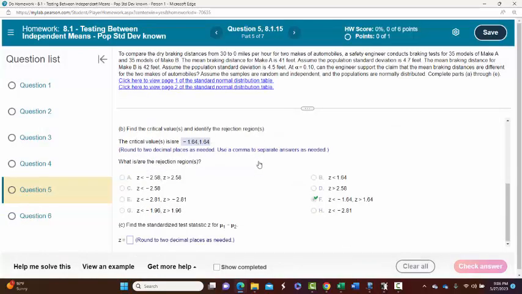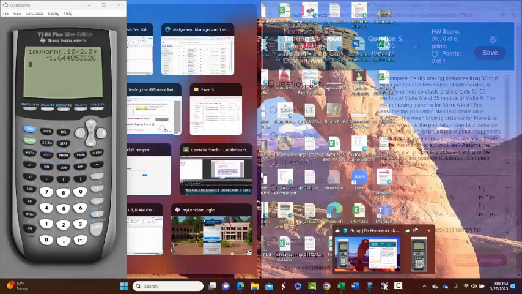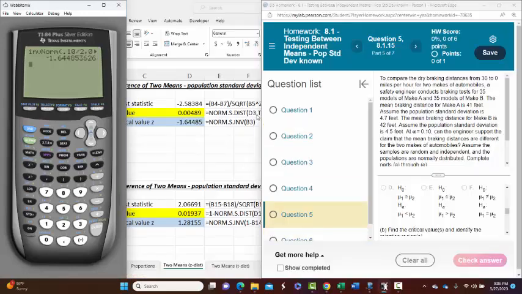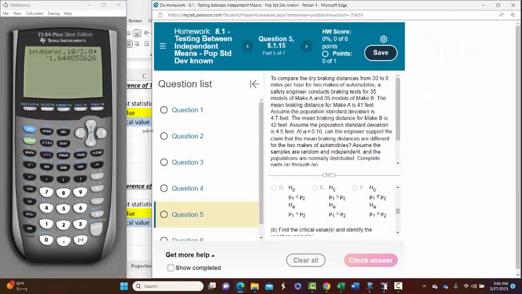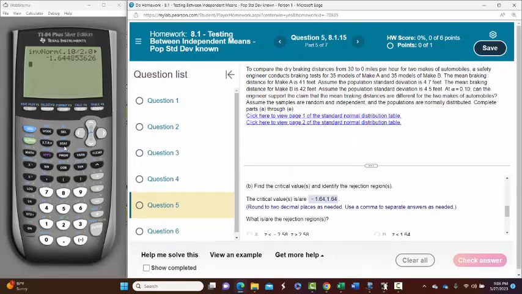The test statistic. All right, so now let me split this apart. So let's see, stat, test, 2 samples z-test. Let's see, the first standard deviation, make A, is 4.7.